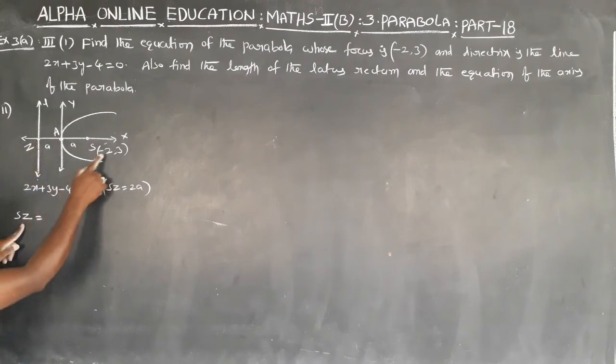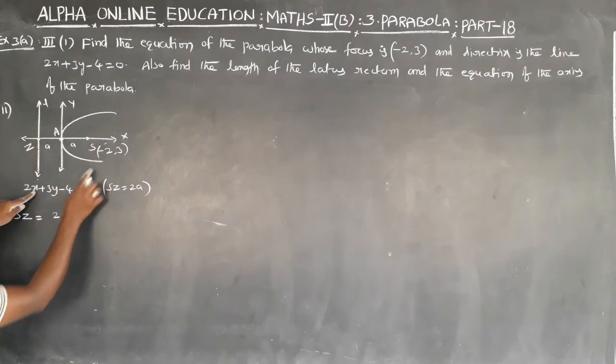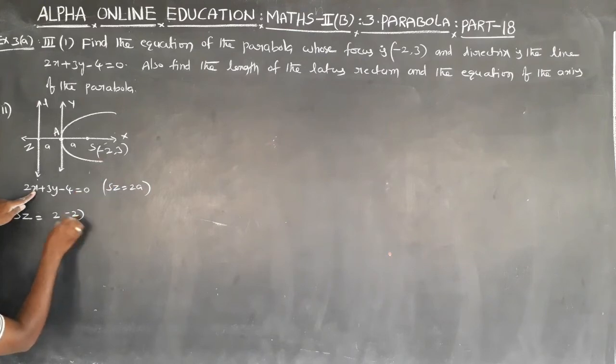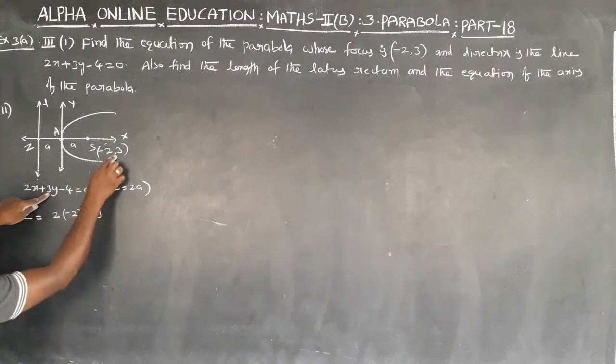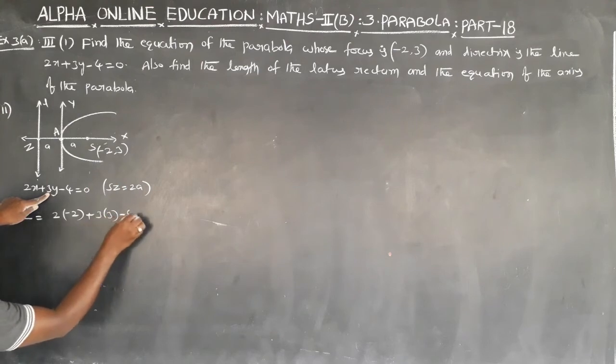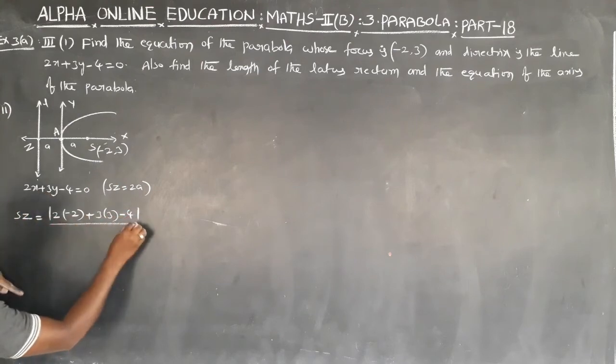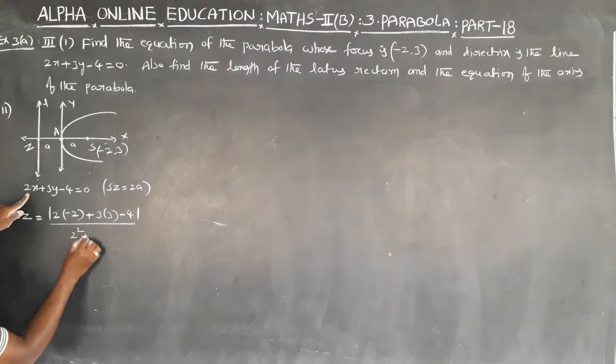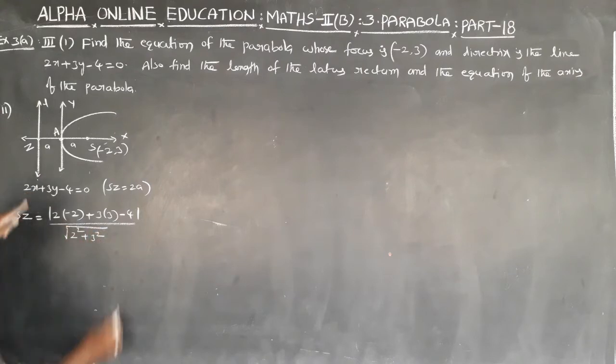The perpendicular distance formula: 2 into x minus 2 plus 3 into y 3 minus 4, by under root of x coefficient squared plus y coefficient squared.